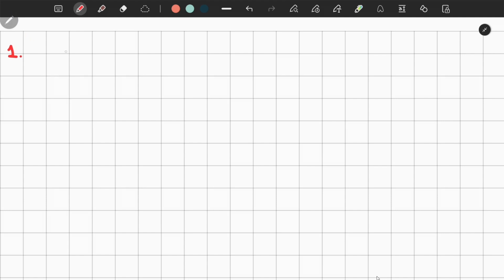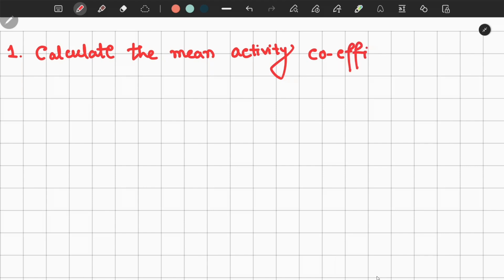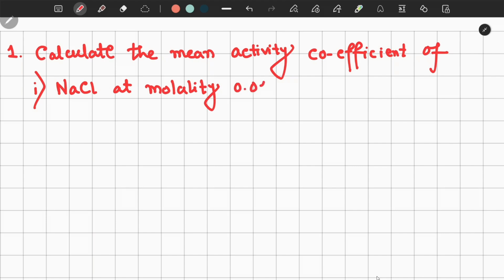Question one: calculate the mean activity coefficient, just mean, not ionic, of first NaCl, and the molality is given, that is 0.01.